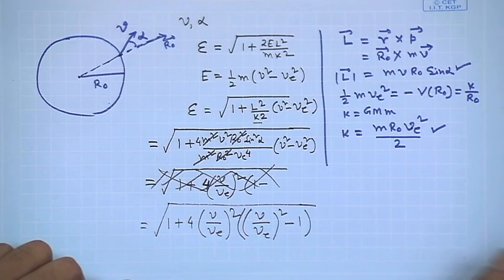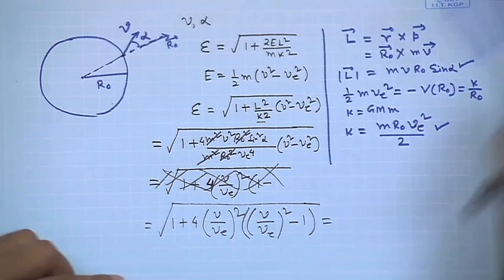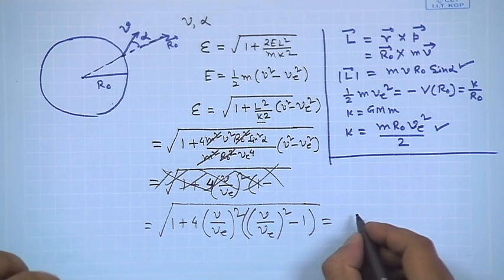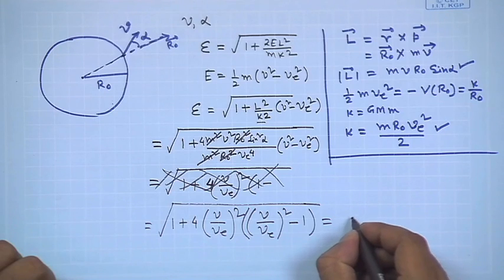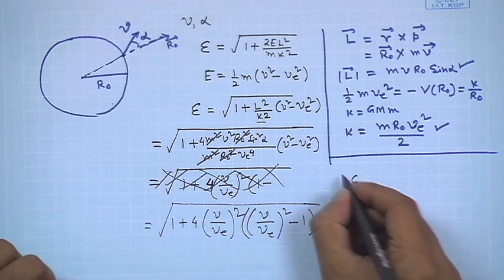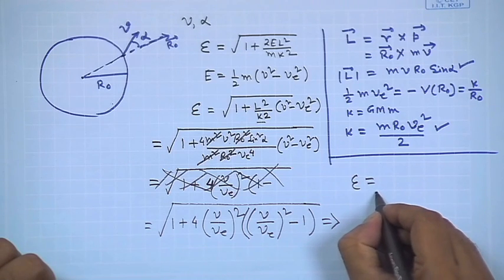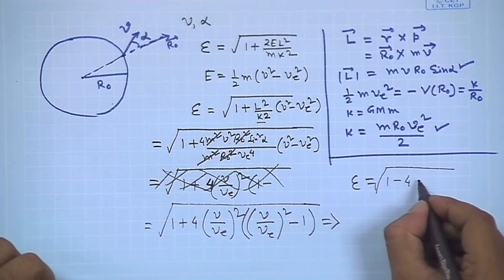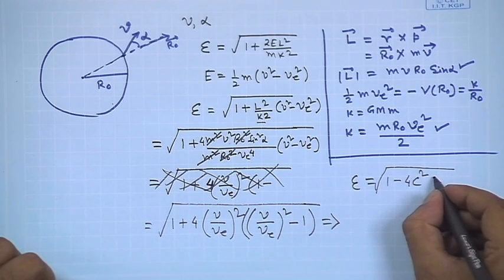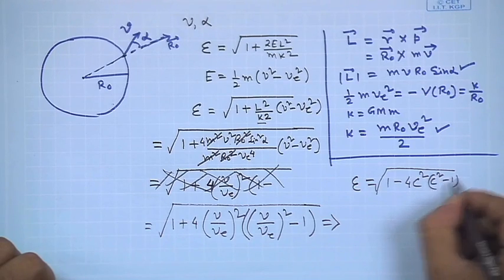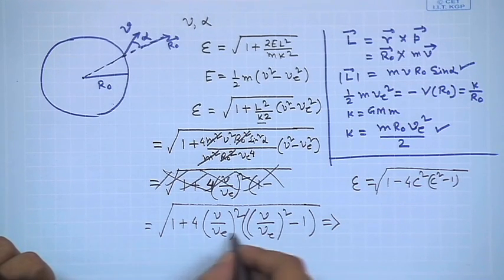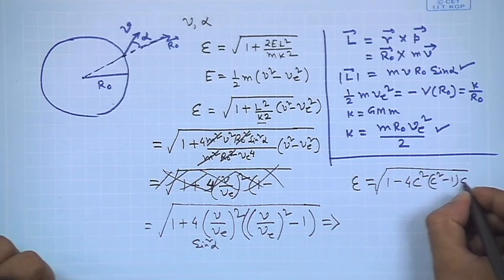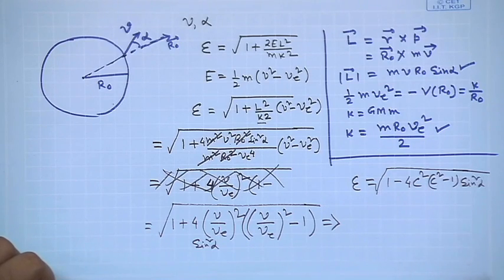Now, this can be further simplified to give epsilon is equal to root over 1 plus 4 c square into c square minus 1. Oh, sorry, I totally missed it, there is a sin square alpha term here. So, it will come here in the final expression.